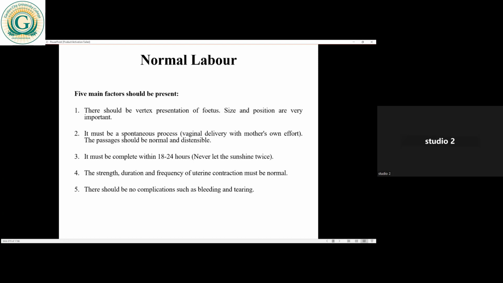It should deliver. And when she's contracting, the strength, duration and frequency of the uterine contractions must be normal. Not a situation where the strength and frequency are erratic. And when she delivers, she should bleed normally. If a lot of bleeding is coming after delivery, then that labor is not normal. Something has to be done.